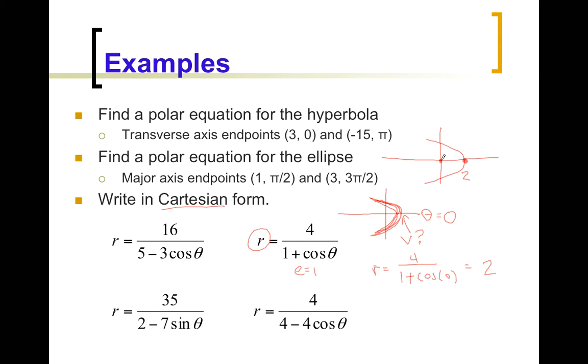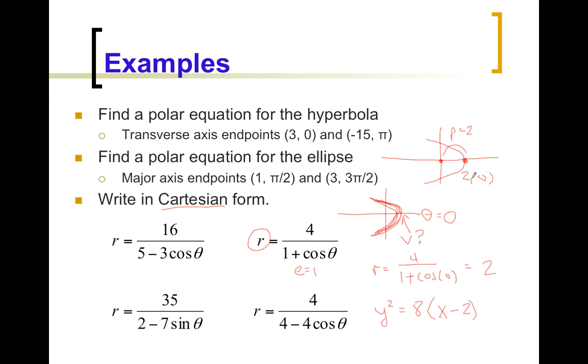Well, I automatically know that the pole is one of the focal points, or is the focal point. That means that P is equal to 2. And that's actually everything I need to know to go into rectangular mode. This just tells me, because it opens to the left, it's a y squared, and y is not moving at all, so it's y squared equals 4 times P, which is 8, times x minus 2, because my vertex is at 2, 0.